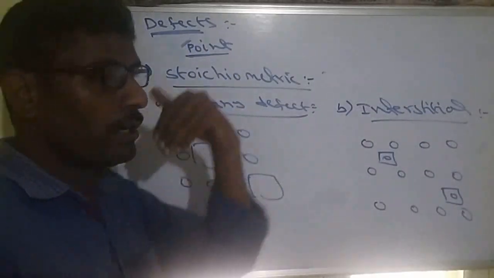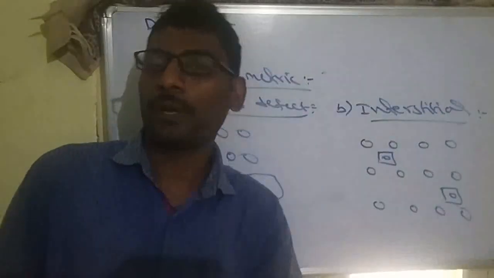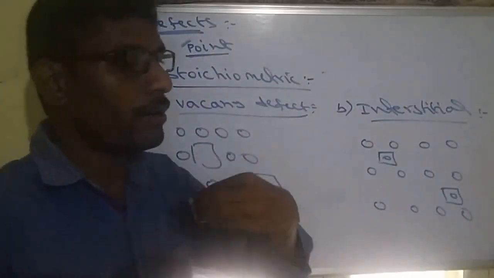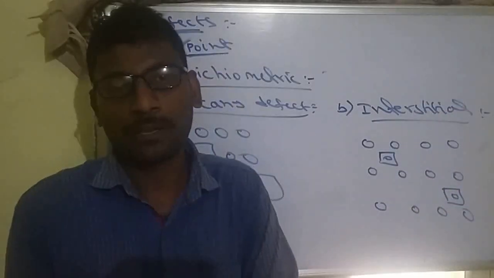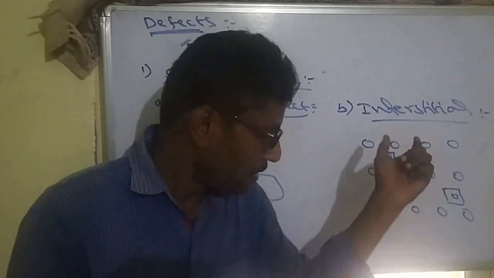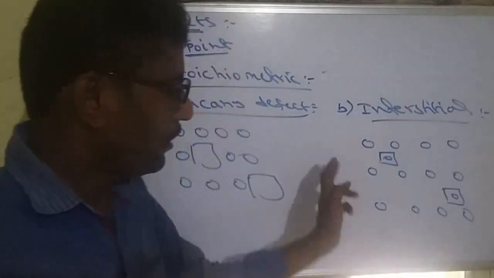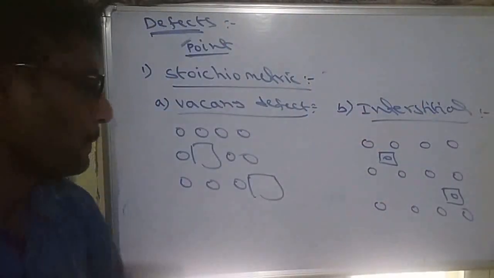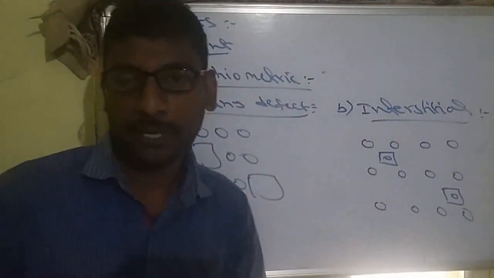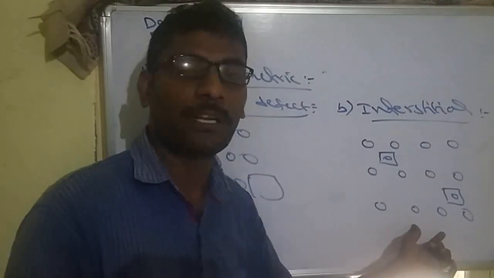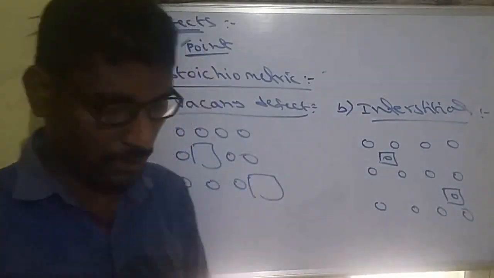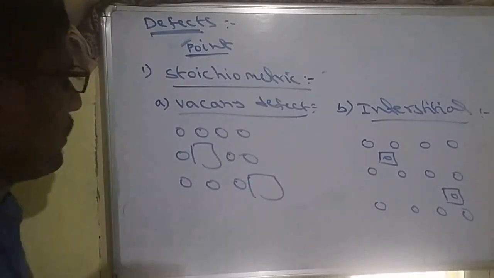Defects are not only due to loss, they can be due to gain also. Defect means irregularity, either by losing or by gaining. Due to gaining, that is interstitial. Due to losing, that is vacancy defect. Here density will be decreased, and here density will be increased. So these are the stoichiometric defects.